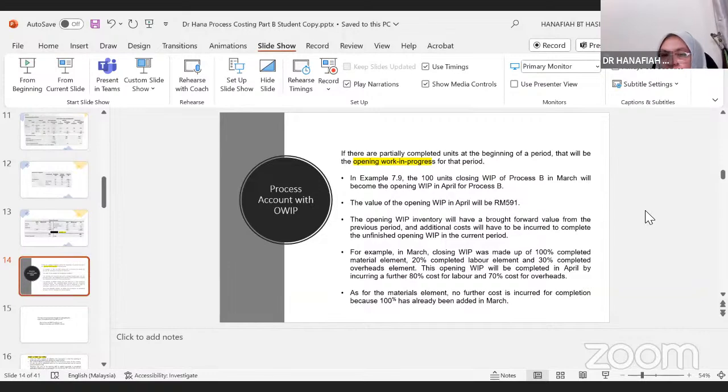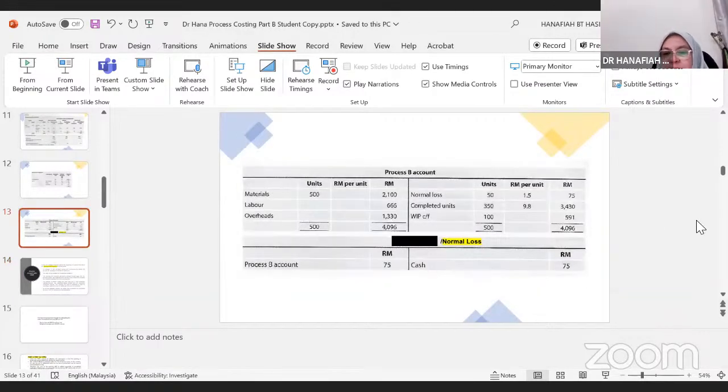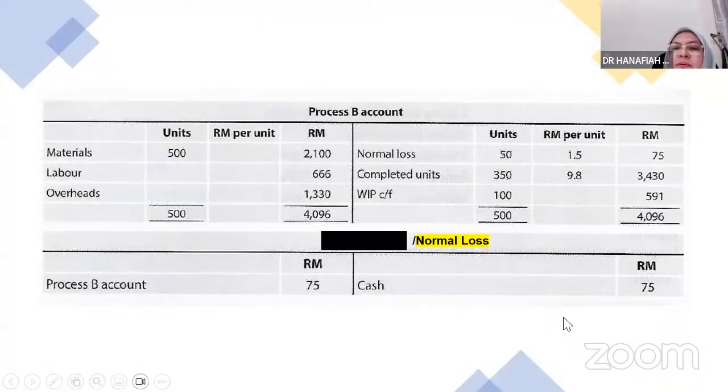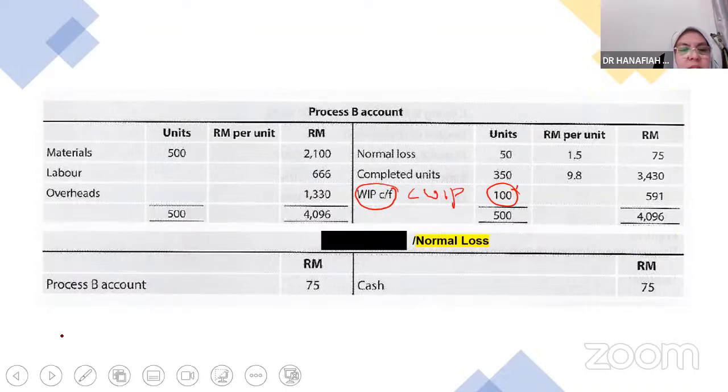So if you look at the example just now, we have the closing work in progress of 100. Normally, I will ask my students to write it like this: CWIP.